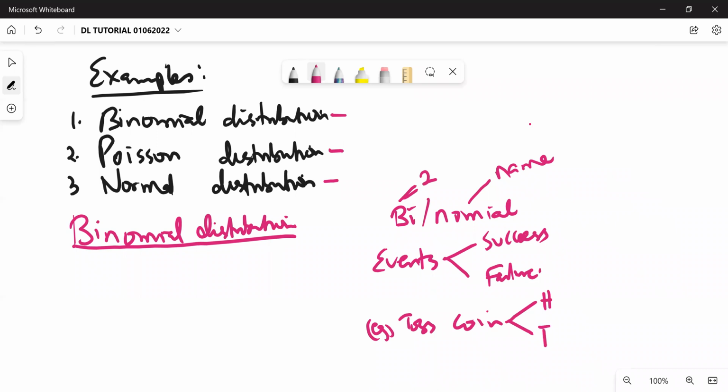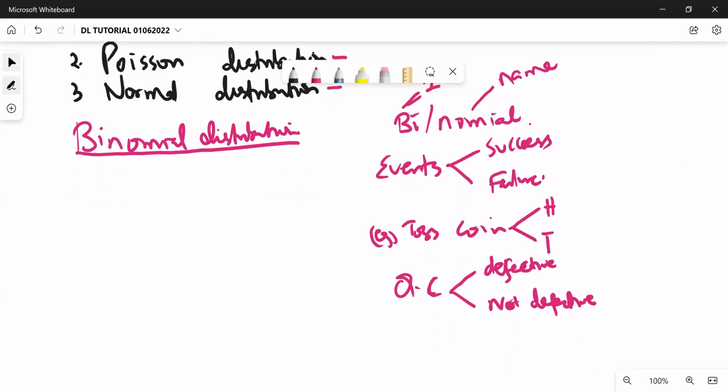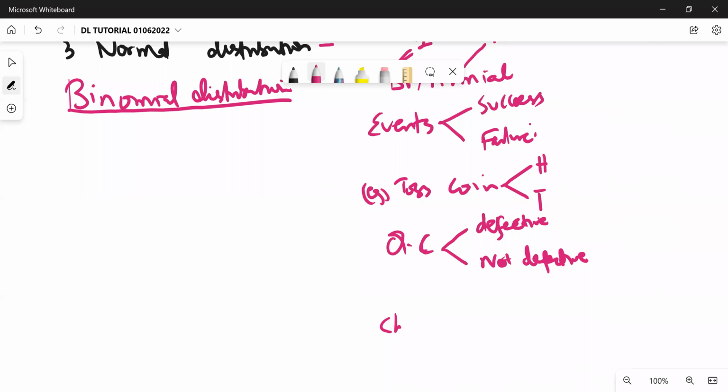In quality control, when you inspect some product, the product will either be defective or not defective. If you are concerned with the gender of a child, every child who is born is either of the male or the female gender.